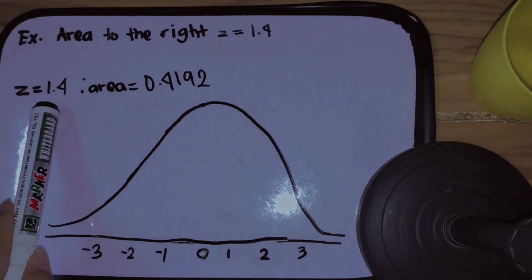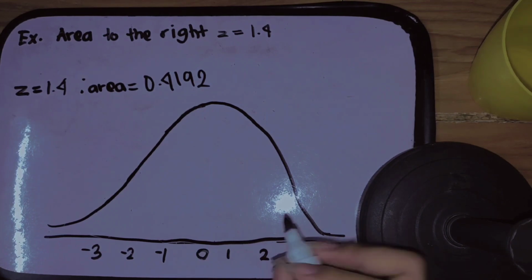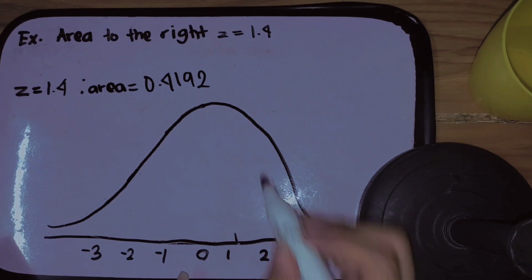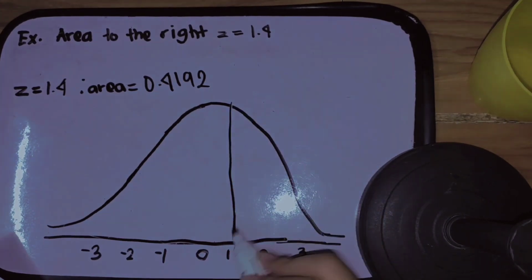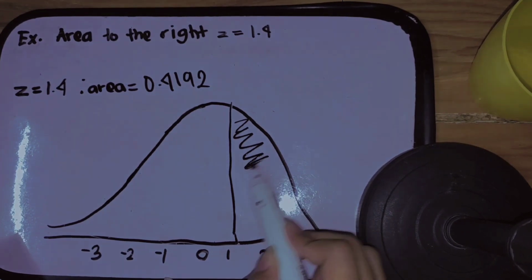So, positive 1.4. Shade ulit natin. So, 1.4 dito. At ang sabi, to the right. So, ang shade nating part, to the right.